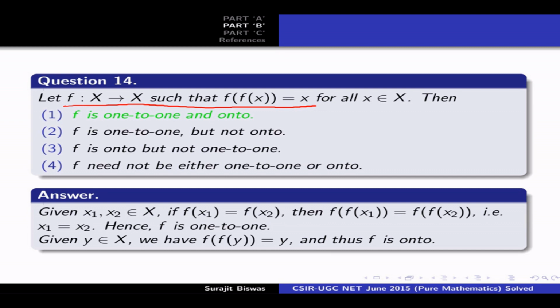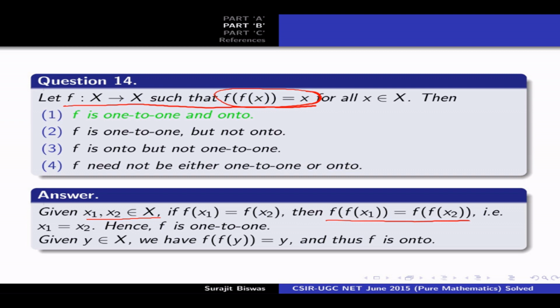Okay, so the answer: given x1, x2 in X, first we want to check whether this is 1 to 1 or not. If f(x1) = f(x2), then f(f(x1)) = f(f(x2)), and that gives x1 = x2, because of what is given.